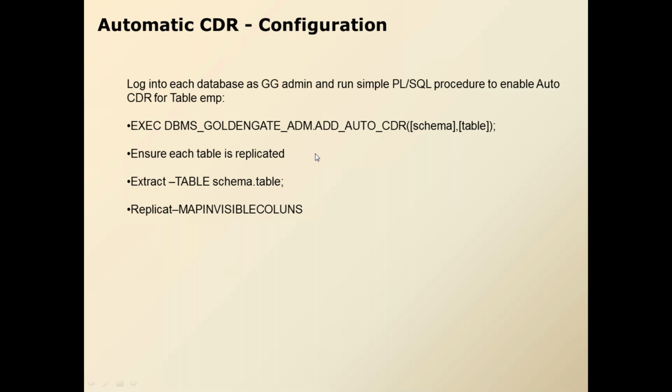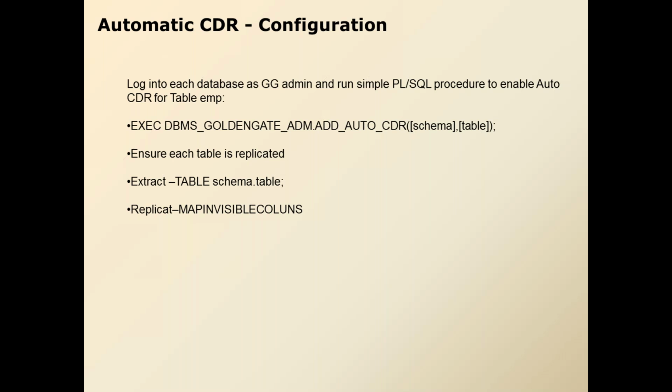Ensure each table is replicated. Whatever table you want to enable CDR on, ensure those are part of the parameter files. In the extract parameter file, you give TABLE schema.table, and in replicate, you have to give the parameter MAPINVISIBLECOLUMNS. What it does is map the invisible columns in your Goldengate environment.